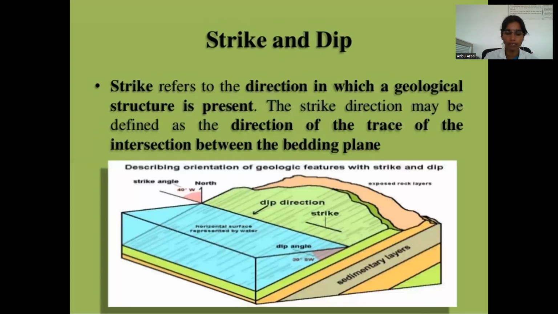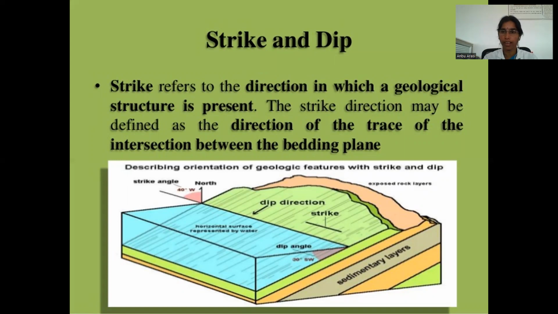Next, strike and dip. Strike. Strike refers to the direction in which a geological structure is present. The strike direction may be defined as the direction of the trace of the intersection of the bedding plane with a horizontal plane.